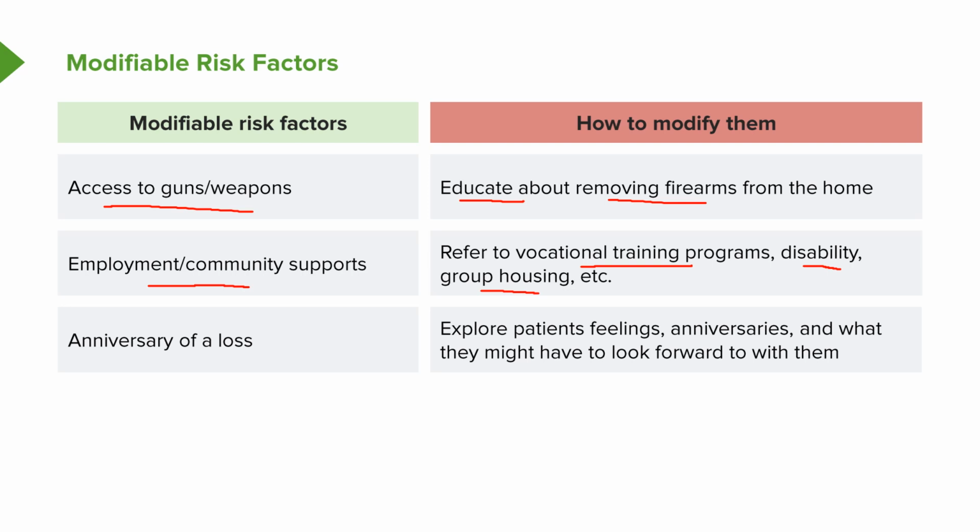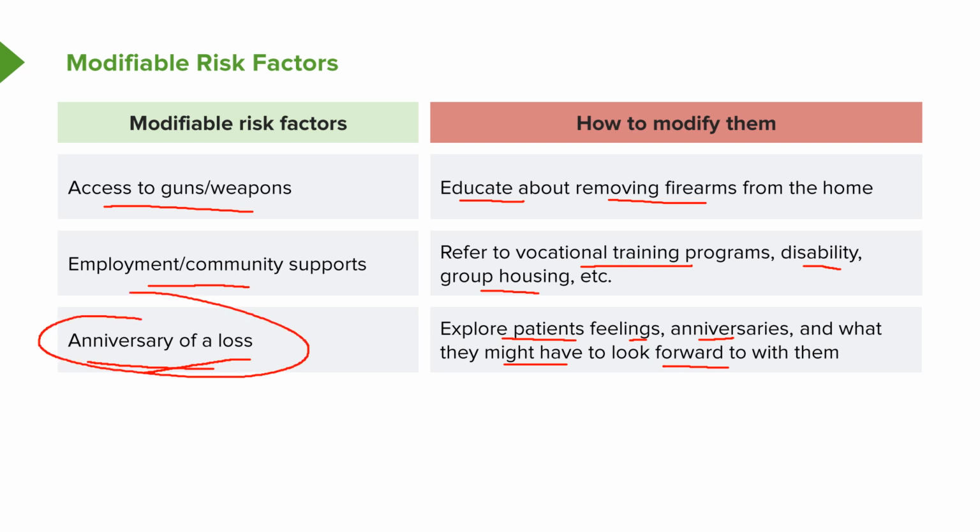Also, if they have what we call anniversary of a loss, for example, people have traumatic experiences that led to their conditions, then you could explore the patient's feelings and anniversaries, and allow them to have something to look forward to, and allow them to have hope, support them. So it's modifiable, no?